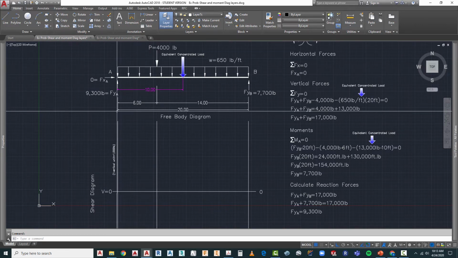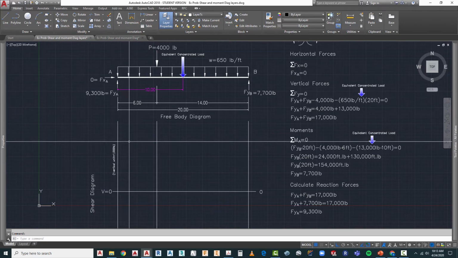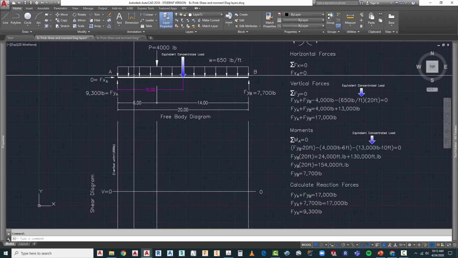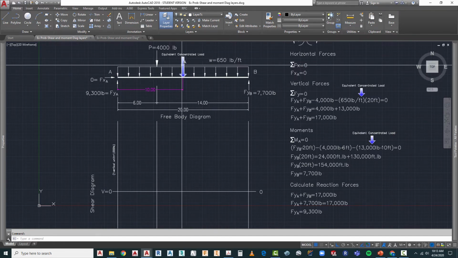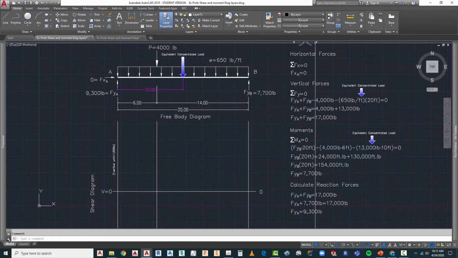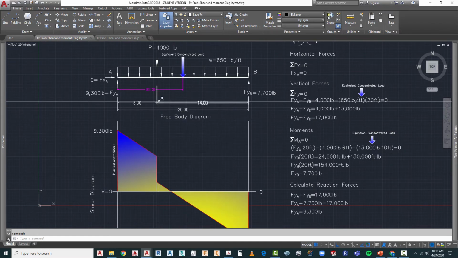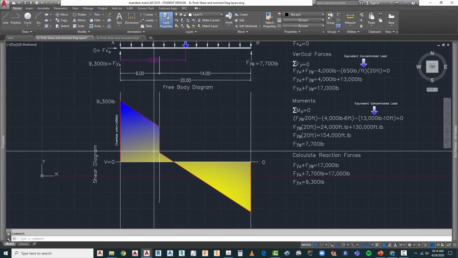So when we're moving from left to right on our shear diagram, we want to express the increase in the load of 600 pounds per foot. We are not going to use our equivalent load at that point. So the next step is to go ahead and draw our shear diagram.